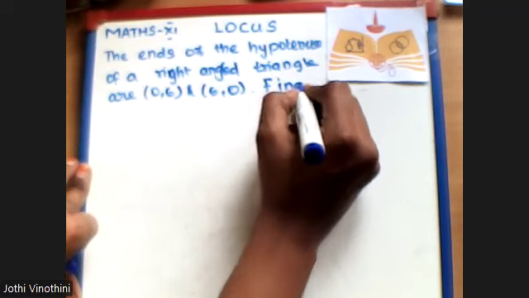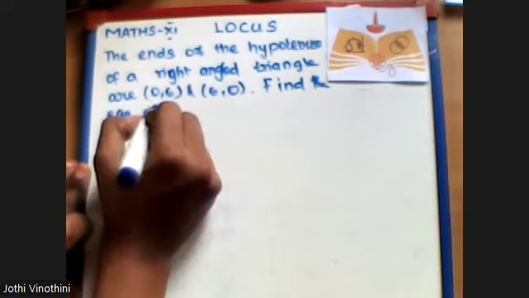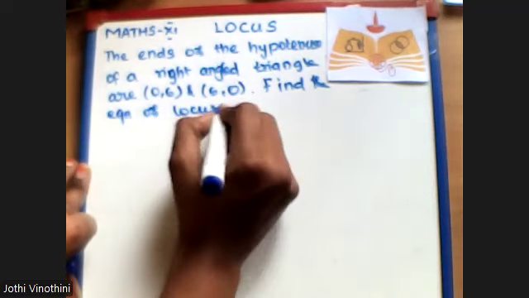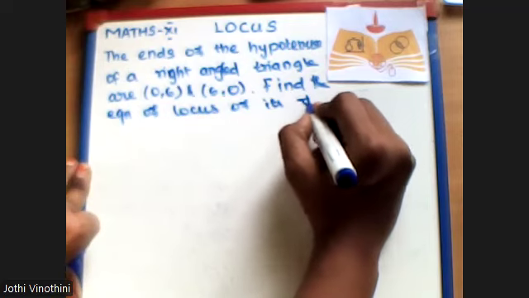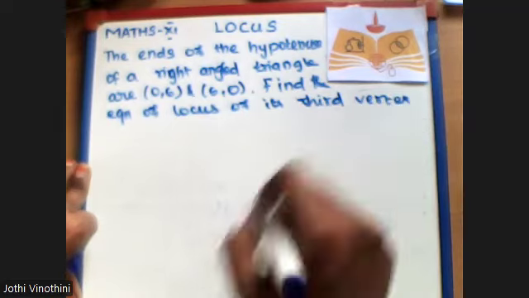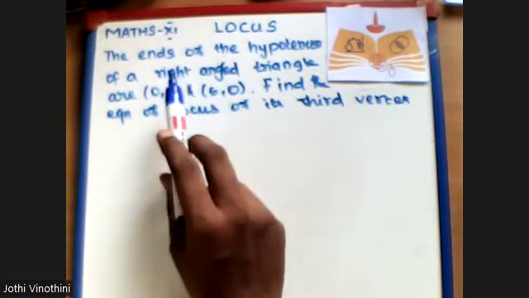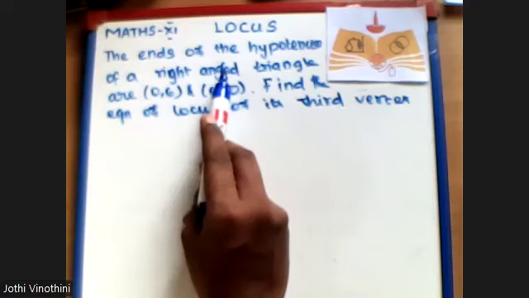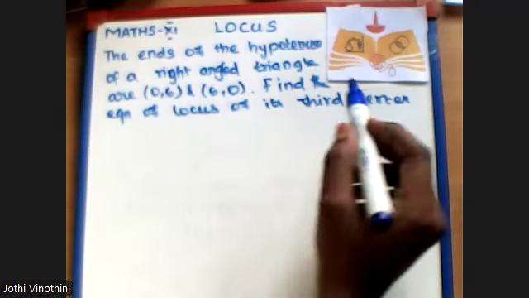Then find the equation of locus of its third vertex. So like the previous sum, they gave 2 points and mentioned it is a right angle triangle and ask us to find the locus of the third vertex.